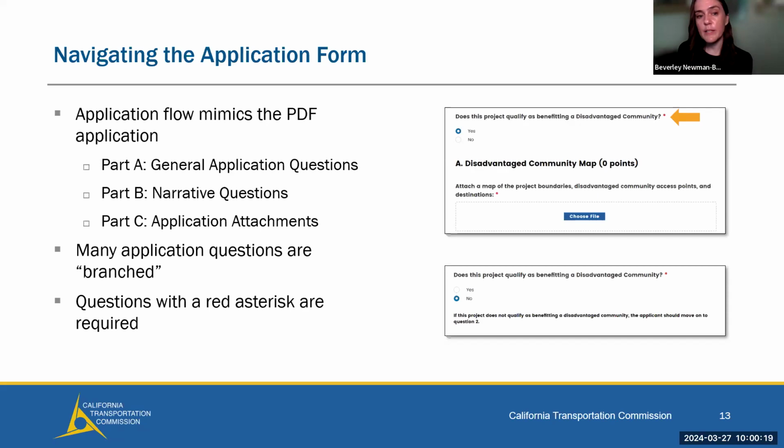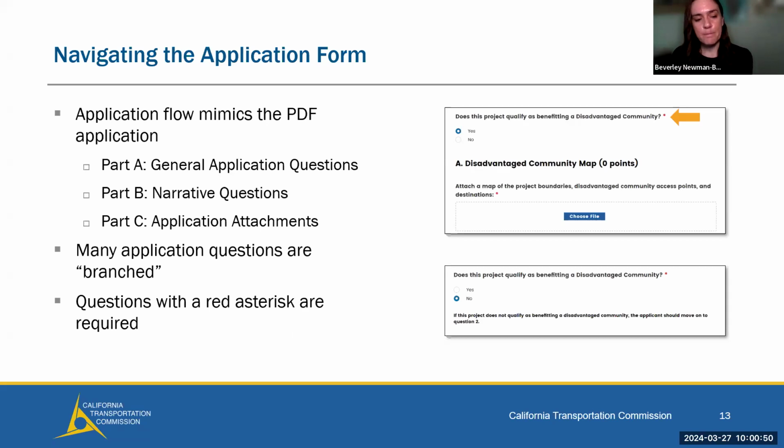So it's pretty straightforward. But just keep that in mind as you go through, it might populate something different if you answer in a certain way. And questions with a red asterisk are required. So just make sure you fill those out before you submit the application, and it'll tell you when you go to submit whether you need to go back and fill something out that's required.